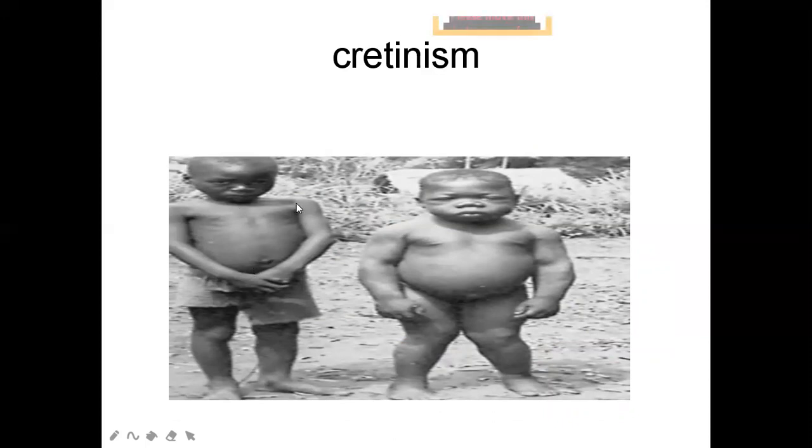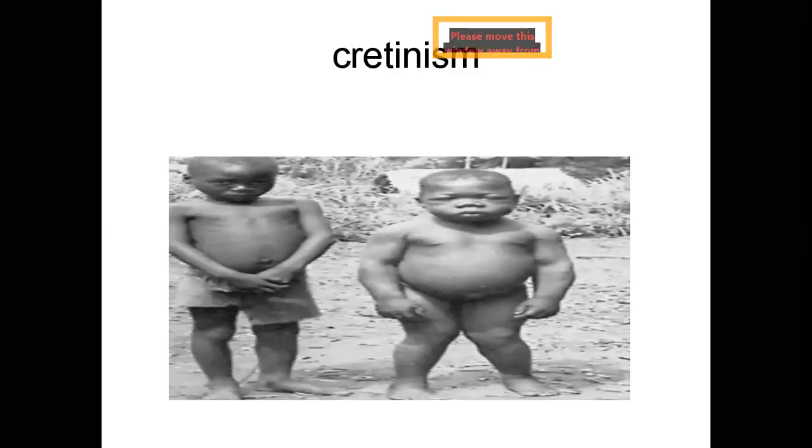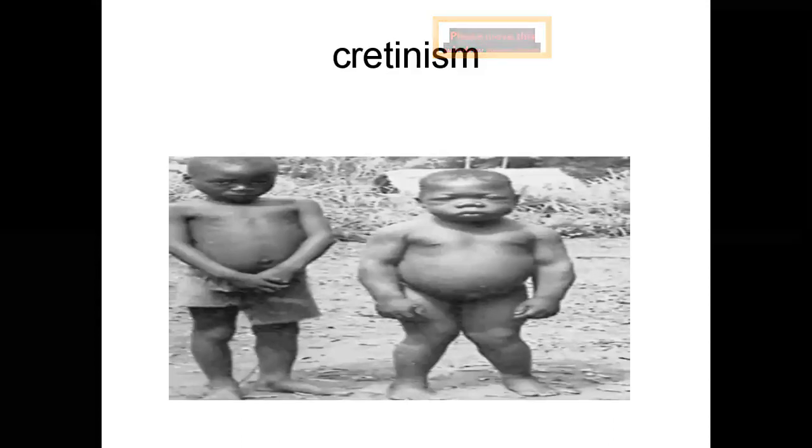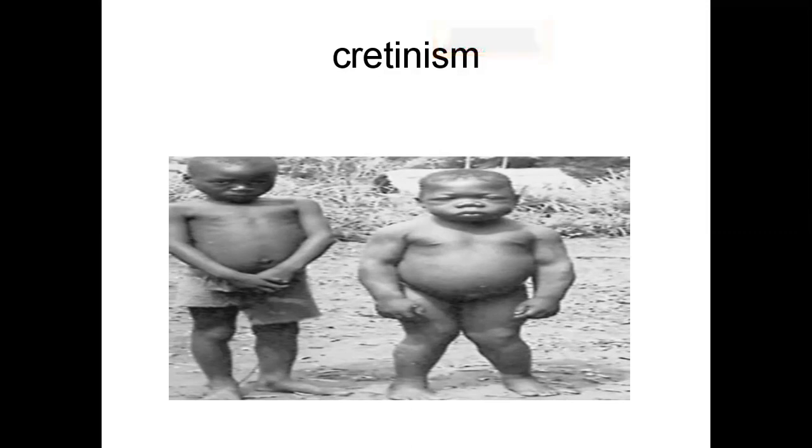This is a normal child, and to our right side we have a cretin. It is hypothyroidism during childhood. Here, cretins are mentally retarded.